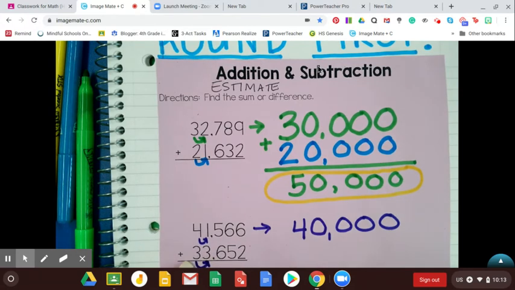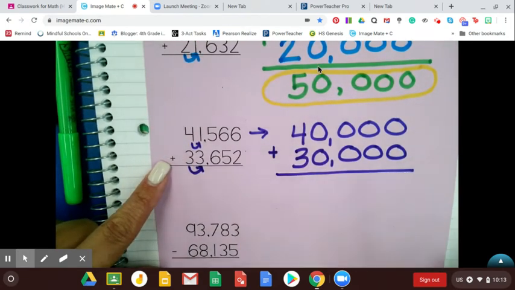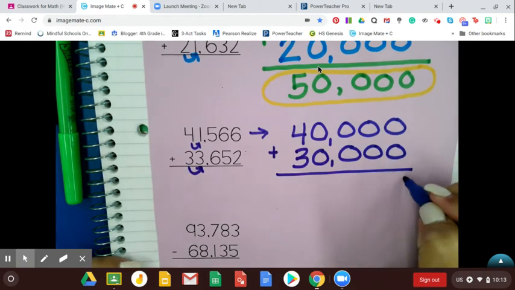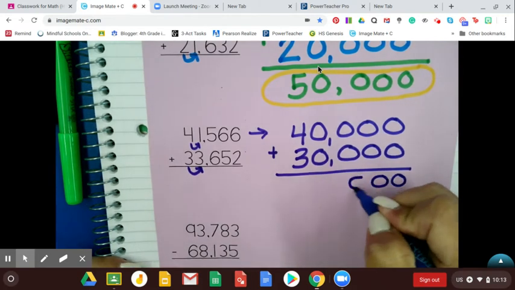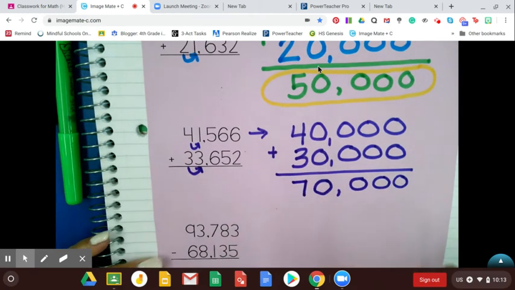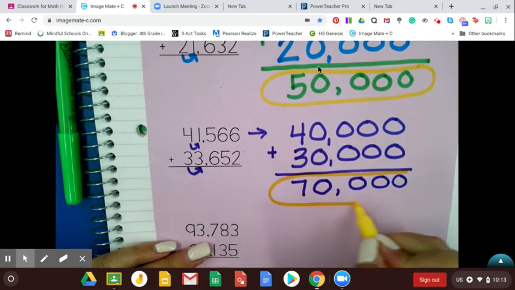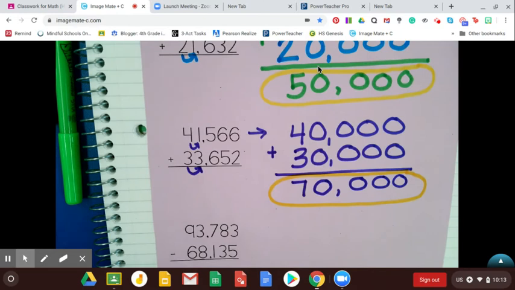It's a 3, so my 3 in the 10,000s place stays the same, and everything else becomes a 0. A lot of rounding down today. I take a look at my sign. It's an addition sign, so I want to put an addition sign in my estimate as well. And now I'm going to add. 4, 5, 6, 7. My answer is 70,000, and I'm going to remember to circle my answer.